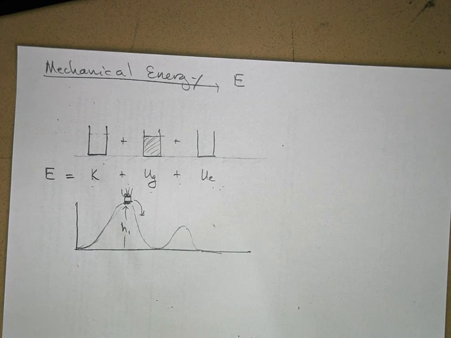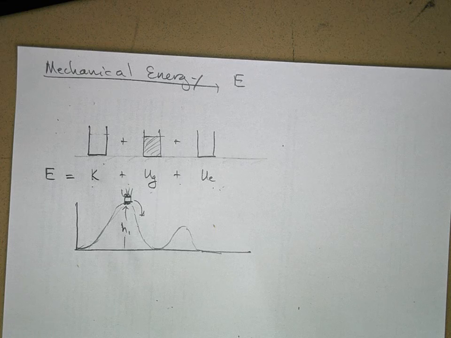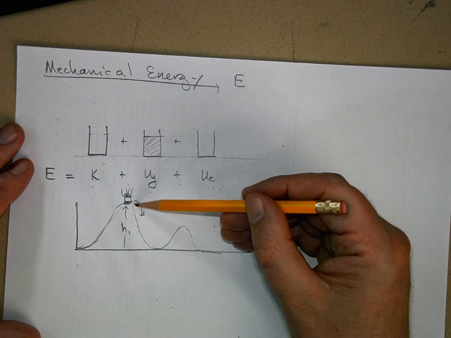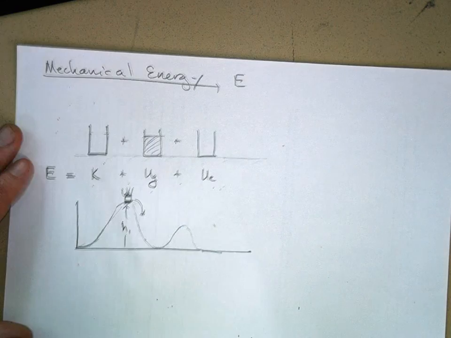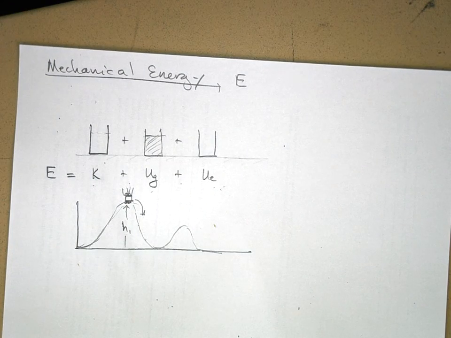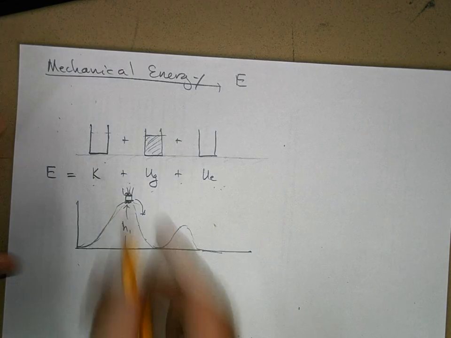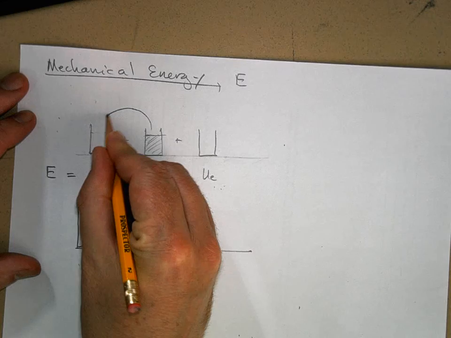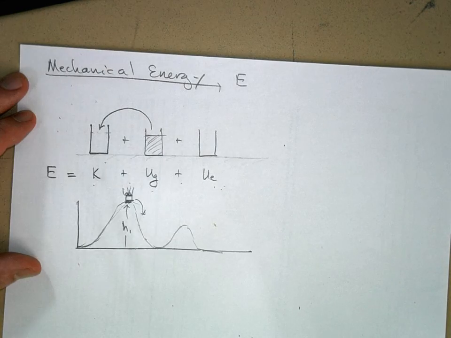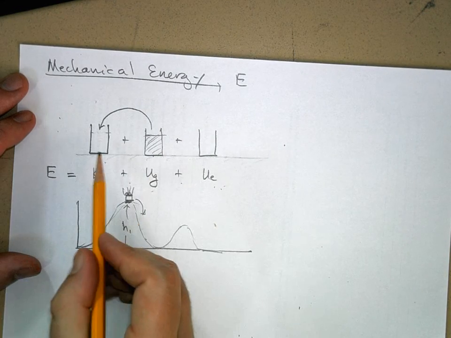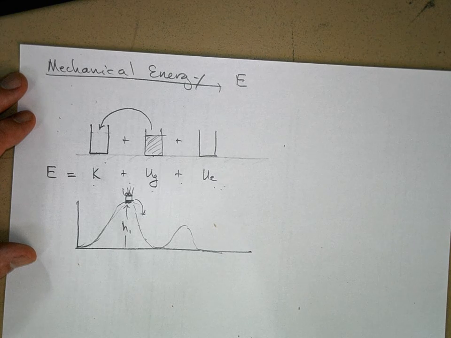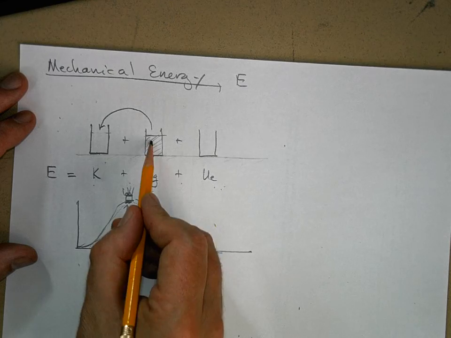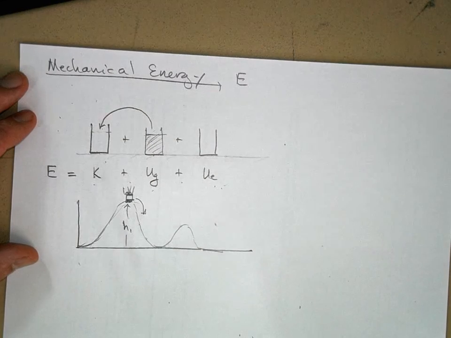That's the work energy theorem. As gravity does work, you lose gravitational potential energy, but you gain an equal amount of kinetic energy. So you're transferring gravitational potential energy into this other container. And when gravity does positive work, you gain kinetic energy.